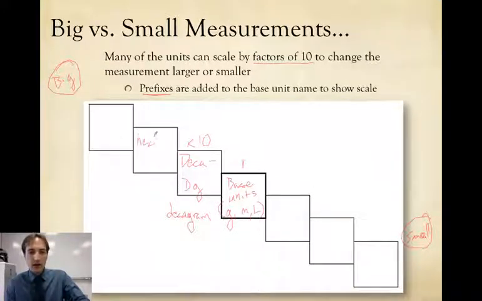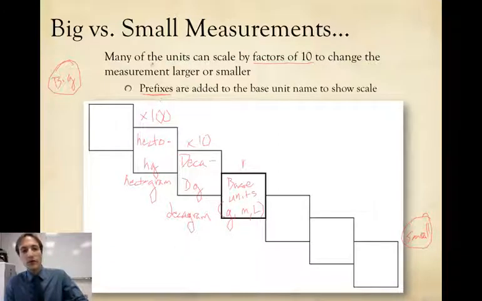This would be a hecto. So the hecto prefix goes in front of the base name. So this becomes a hectogram. Here's our abbreviation. And since it is 10 times bigger than a decagram, it is actually 100 times larger than the base unit. So our scaling, as we go up this way, is just increasing by a factor of 10.